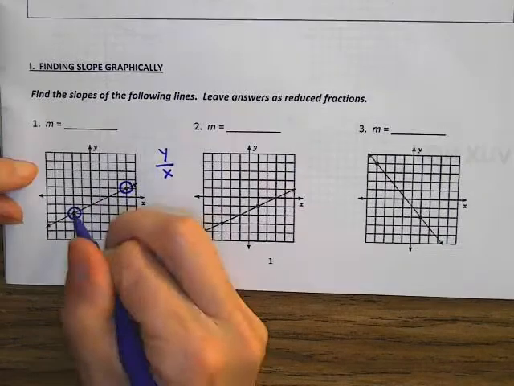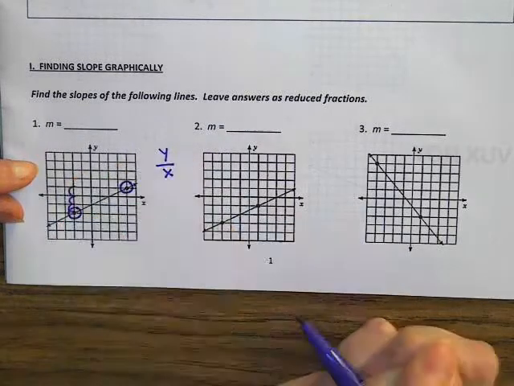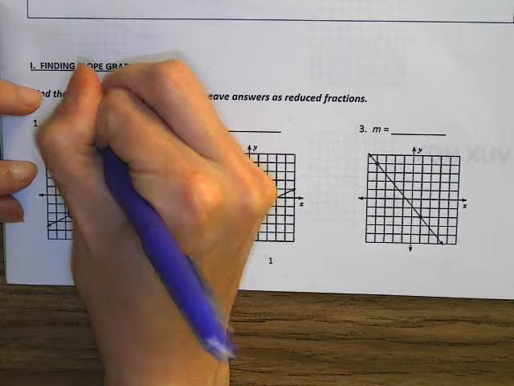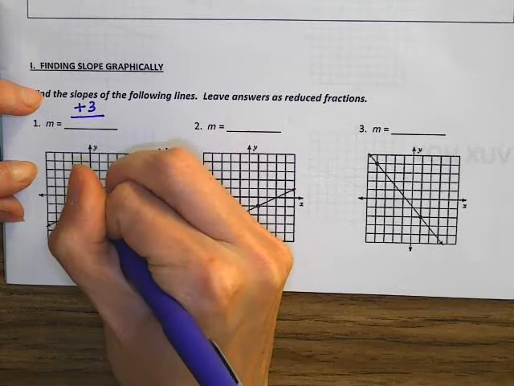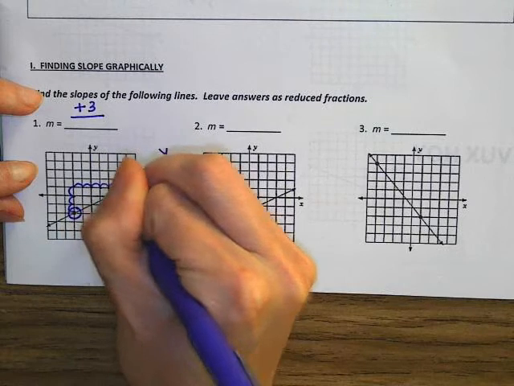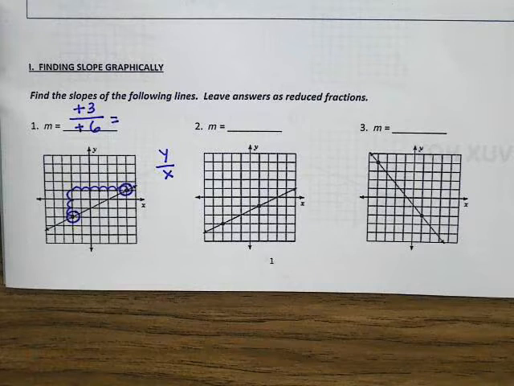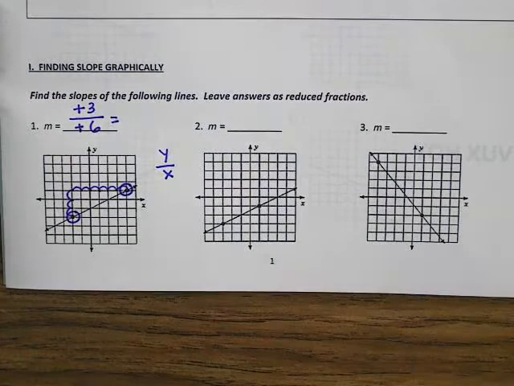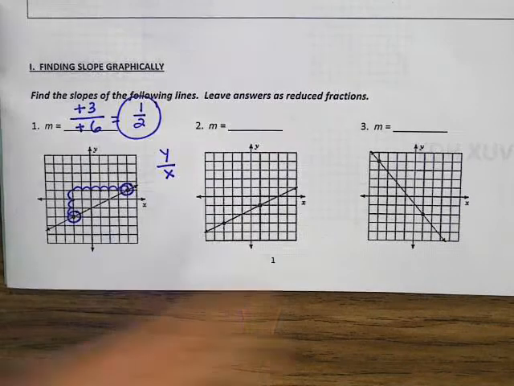Okay, so to get from this point to this point, I'm going up 1, 2, 3. Okay, so up 3 would be positive 3. And then I'm going over 1, 2, 3, 4, 5, 6. So that would be positive 6. And then you always want to reduce. 3 over 6 reduces to 1/2.